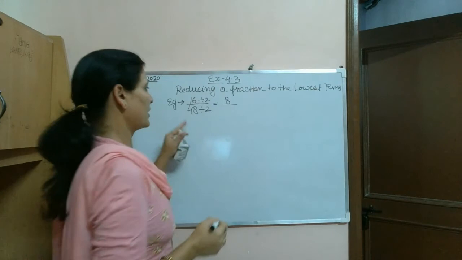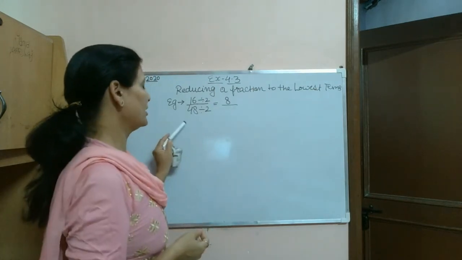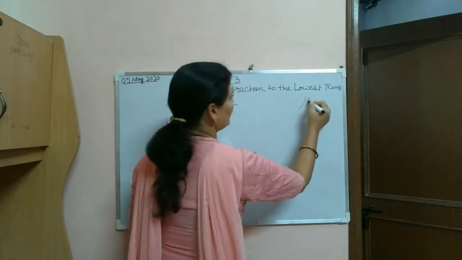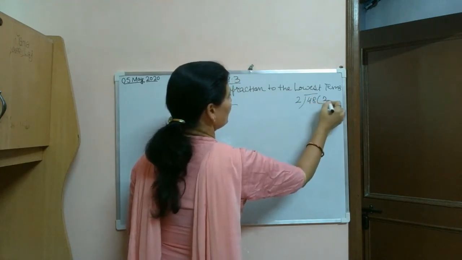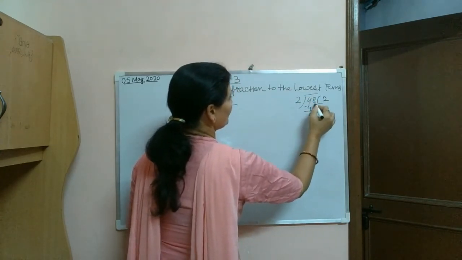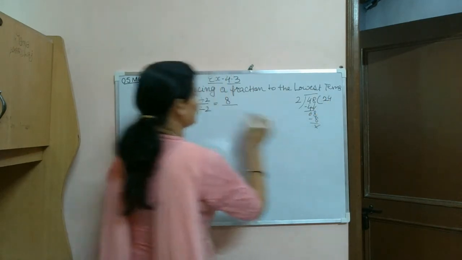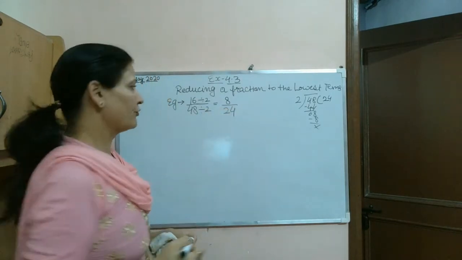Now again, we can't directly divide 48 by 2, so we will do separate division. 48 by 2: 2 2s are 4, 0, bring down 8, 2 4s are 8. So it is also cancelled to 24.